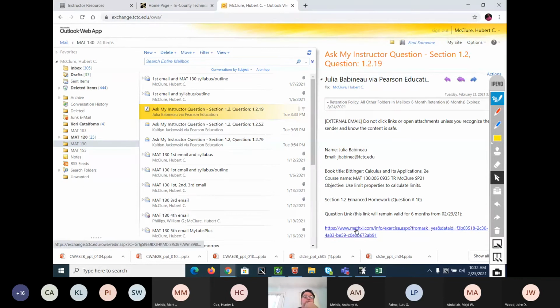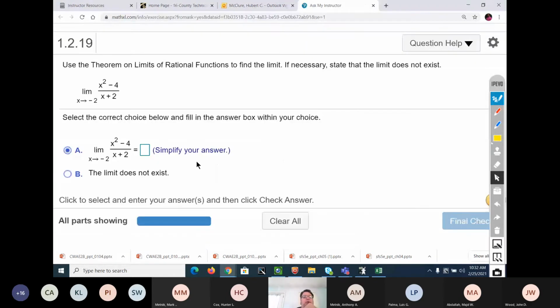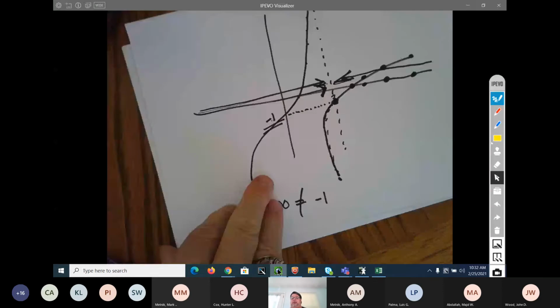Next. Okay, here we go. This is a test question. So I'm just going to do this one on the whiteboard. This is our algebraic functions. These are the ones that you solve algebraically.